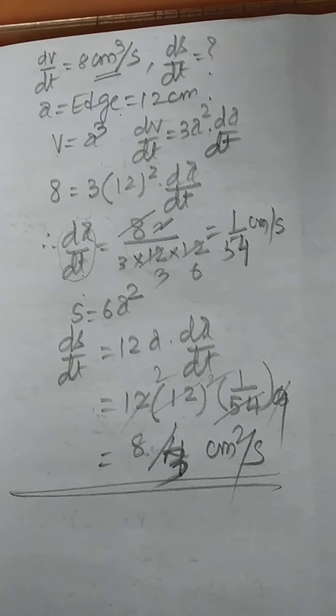Next question. Note down the question first, and then we'll write it down. A balloon which always remains spherical on inflation is being inflated by pumping in 900 cubic centimeter of gas per second.